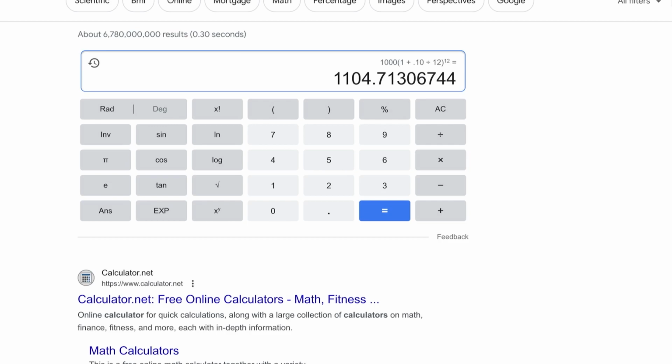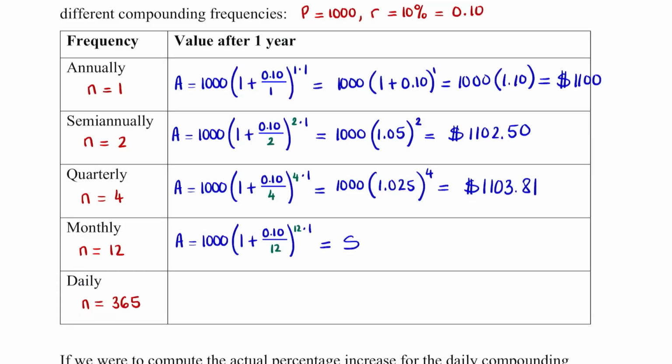I get 1104.71306744, and I'm going to round it to 2 decimal places, which is 1104.71. And compare that with the previous one. One is compounding 12 times a year, one is compounding 4 times a year. The one that is compounding 12 times a year earns me more interest.